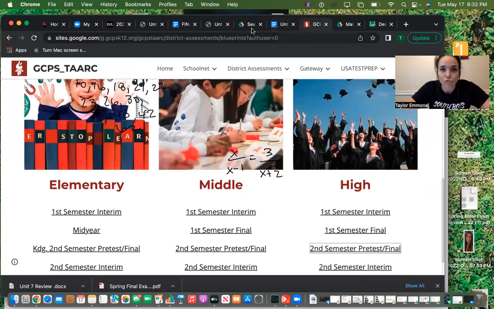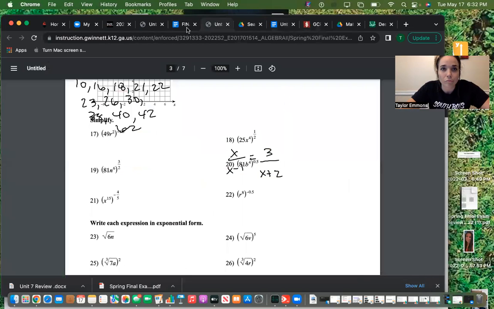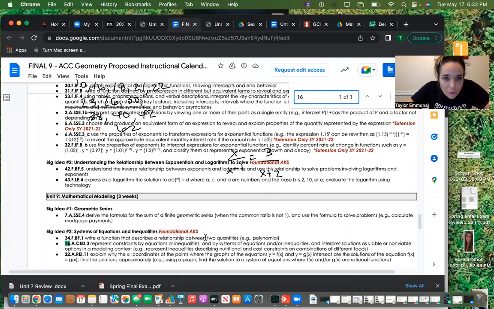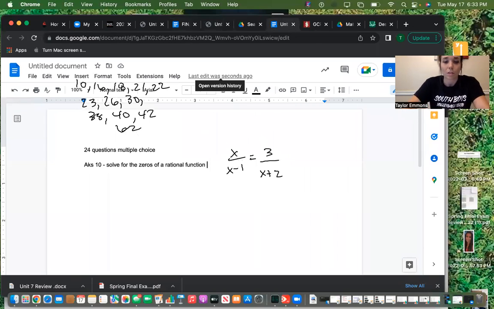16 is going to be constraints or inequalities. So this would be like, hey, your mom told you you only have $20 to spend at the supermarket, and you have to spend $5 on a certain thing.